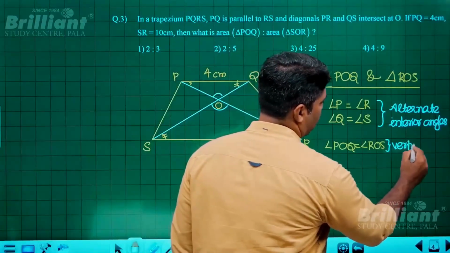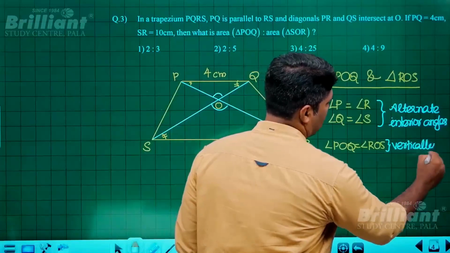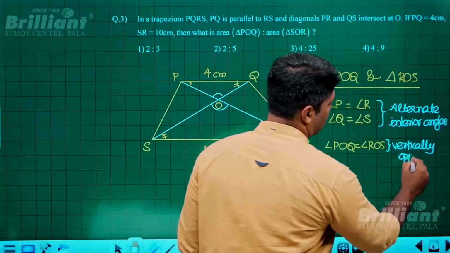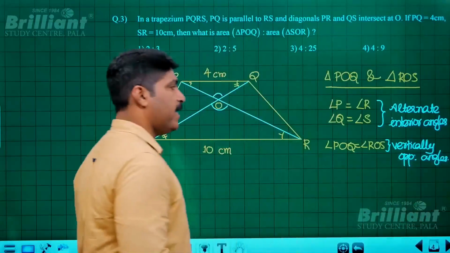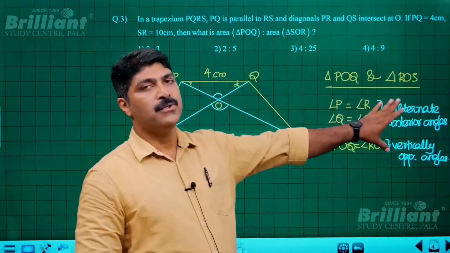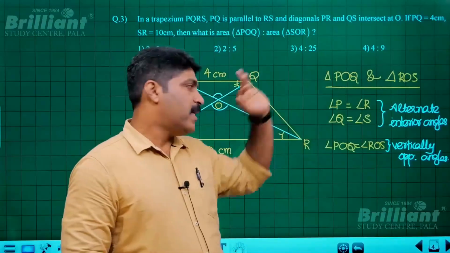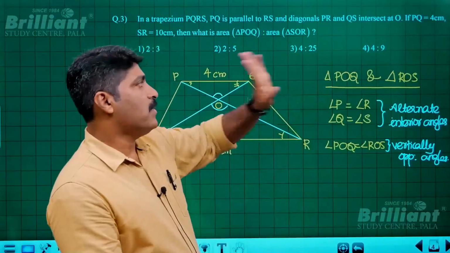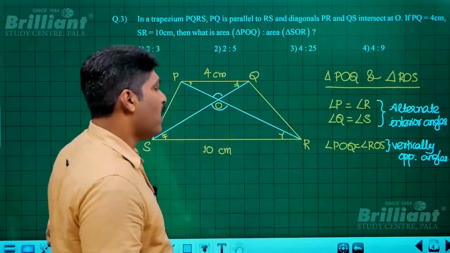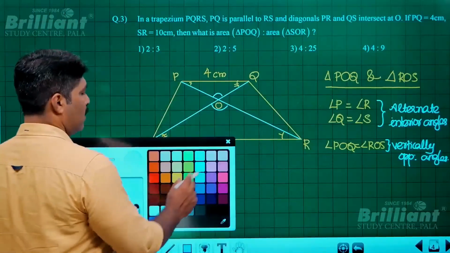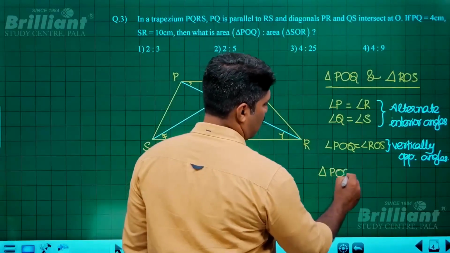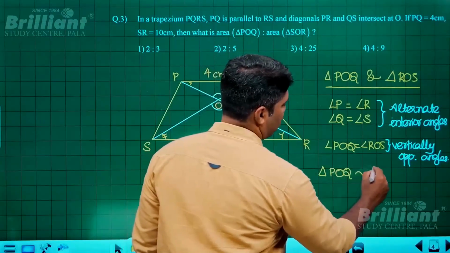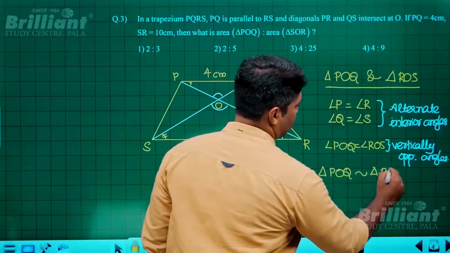Actually, there is no need of such a conclusion here. With the help of these two sets of equalities, we can conclude that triangle POQ is similar to triangle ROS.